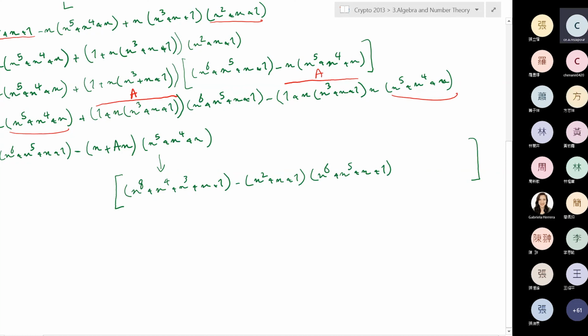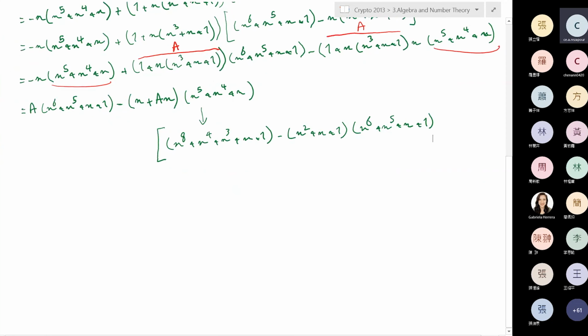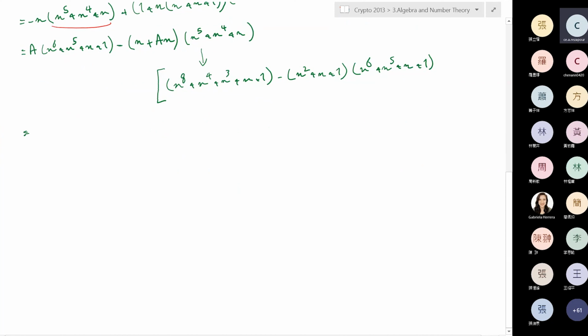Okay. So applying this to both sides, we would get, it's a little bit of tedious computation, but bear with me to see the result at the end. So we get a times x^6 plus x^5 plus x plus 1 minus x plus ax.